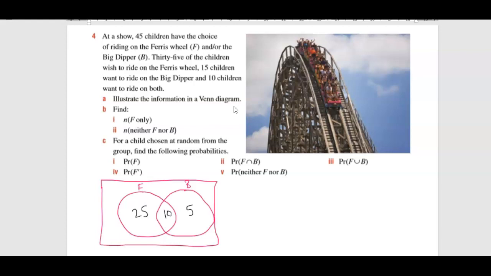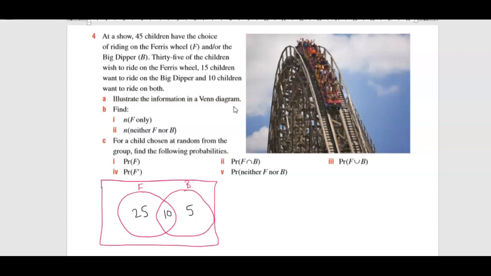So you can see Ferris wheel adds up to 35, including the 10 that want to ride on both, and Big Dipper 15, including the 10 that want to ride on both.